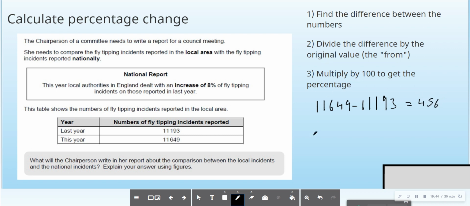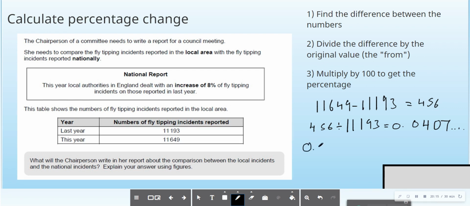Divide the difference by the original value. So this is going to be 456 divided by the original value from last year, 11193, which gives us 0.0407 and so on. And then step 3, we multiply that by 100.